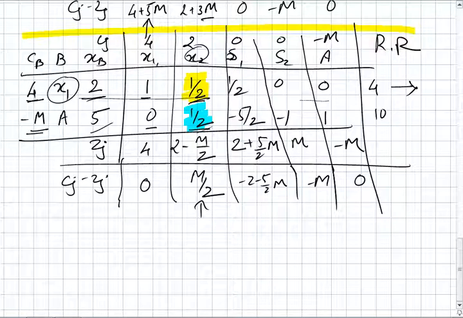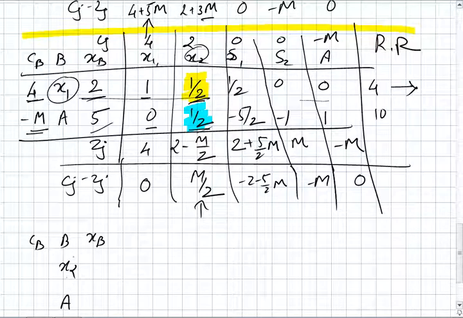So again, let me write the table. So here we are having xb, b, cb. In the basis we are having now x2 and your artificial variable a. Coefficient of x2 in our objective function is 2, and here it is minus m. xb, now this whole row is multiplied by 2, so here value is 4.